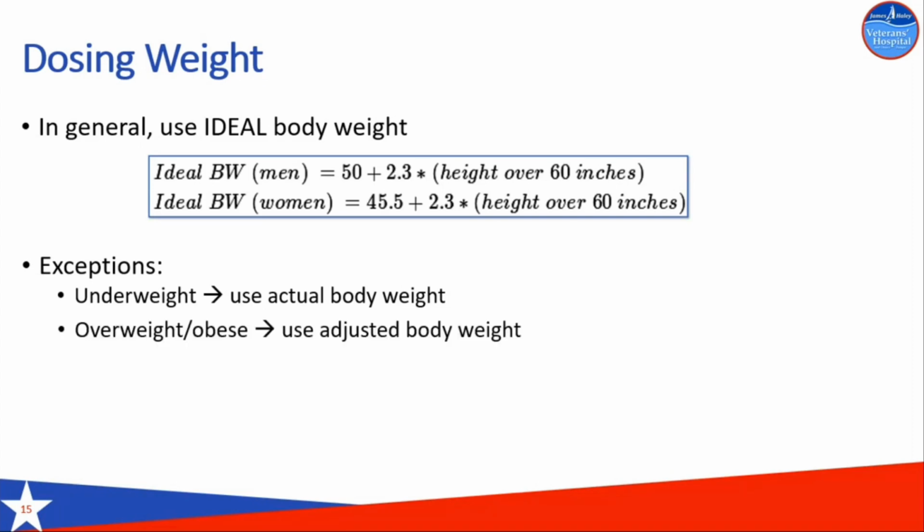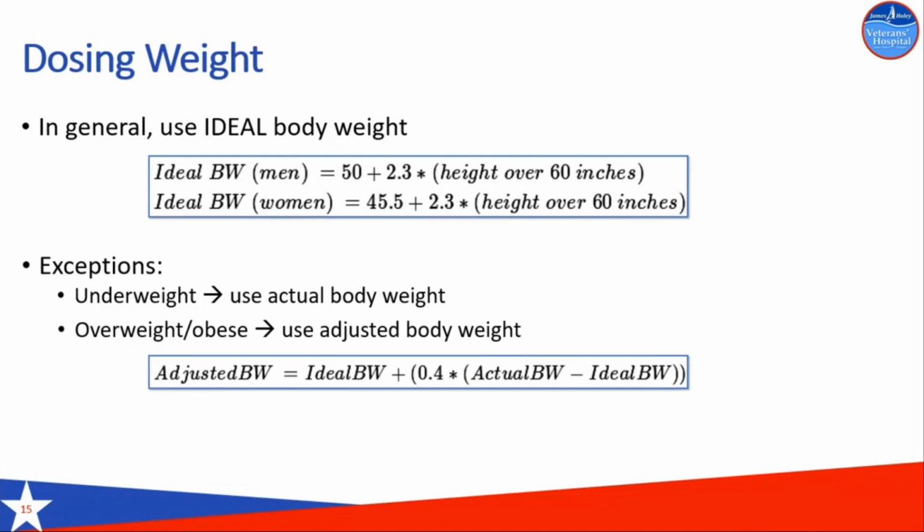If you have obese patients, this is when we'll tend to use adjusted body weight, and again, that equation is up on the slide. And then when we're using select extended interval nomograms, when I introduce the nomograms, I'll show you which one we might not use ideal body weight for.